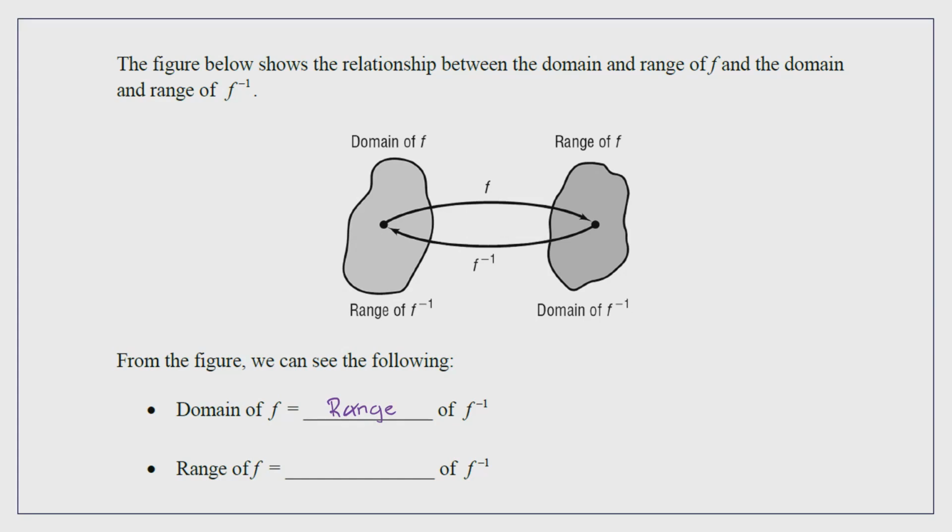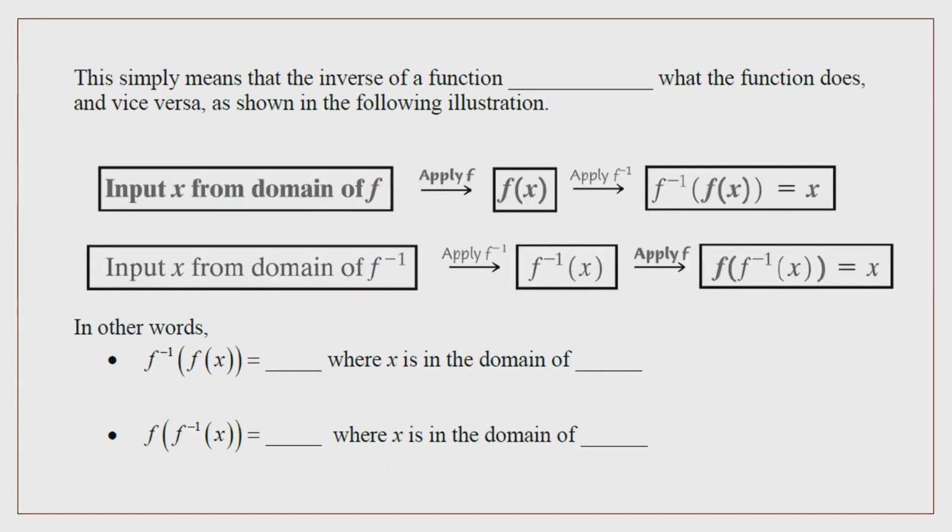The range of f equals the domain of the inverse function of f. This simply means that the inverse of a function undoes what the function does, and vice versa, as shown in the following illustration.